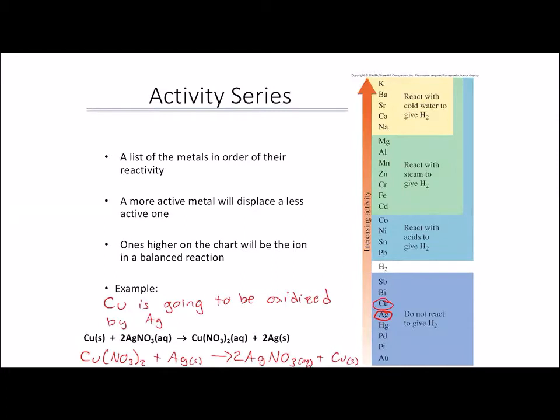Note, since copper is the neutral atom here and silver is the ion, but silver is lower on the activity series, that means silver will not do this reaction. We will not get this reaction to happen. We only get the top reaction. So this is how we can use the activity series to determine if our reaction will actually occur.